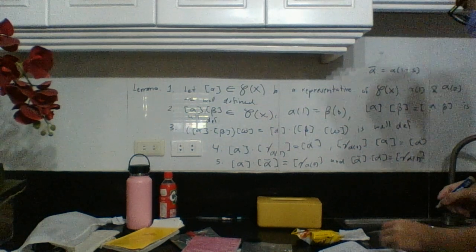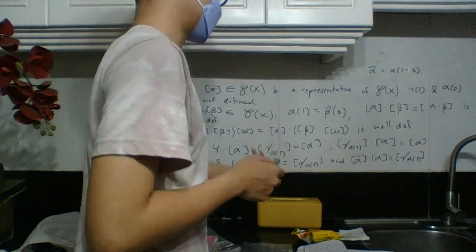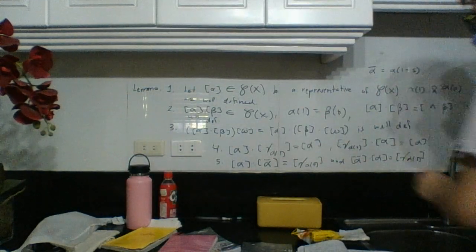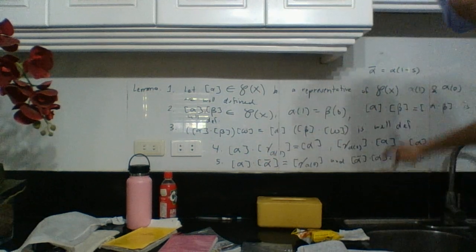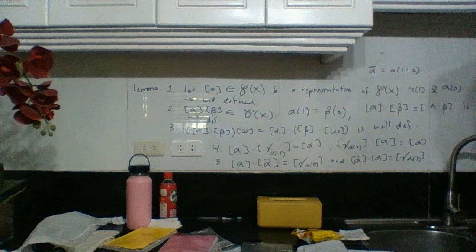Makes sense? And so that's the fifth one. So this is the entire lemma. Again, I'm not going to prove it. Alpha bar is just the inverse of alpha, which we define to be alpha of 1 minus s.